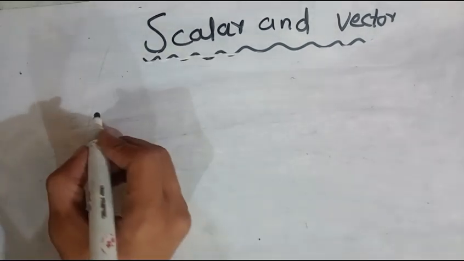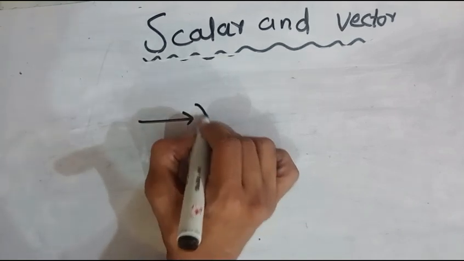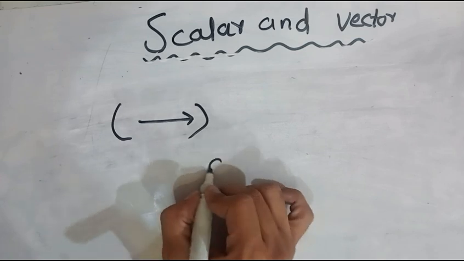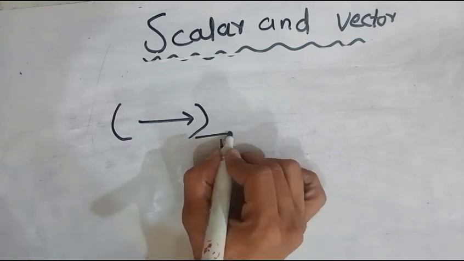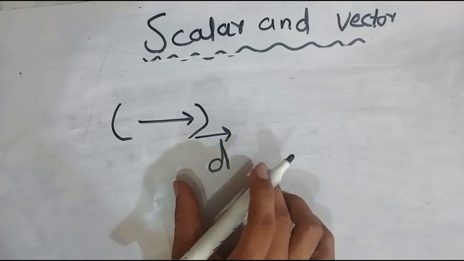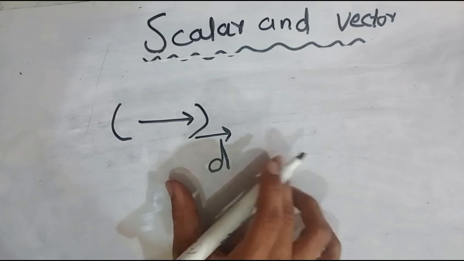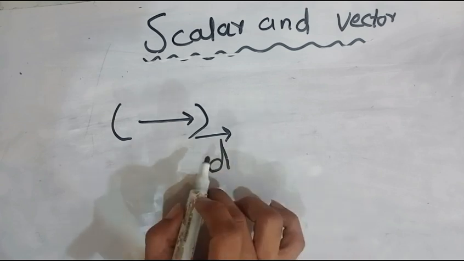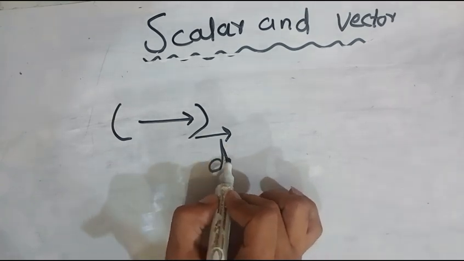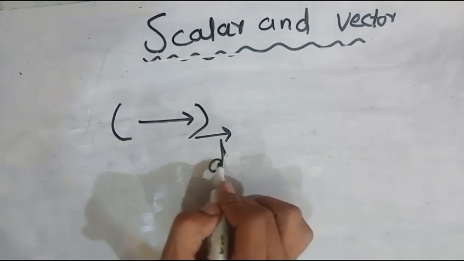A vector quantity is represented by an arrowhead. For example, displacement is the shortest direct path between two points. So displacement is a vector quantity that contains direction and magnitude both, and we will denote it likewise.